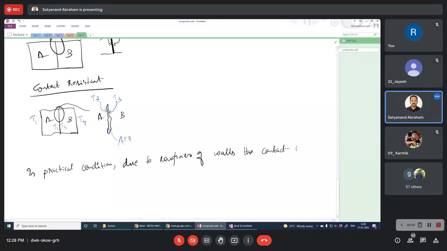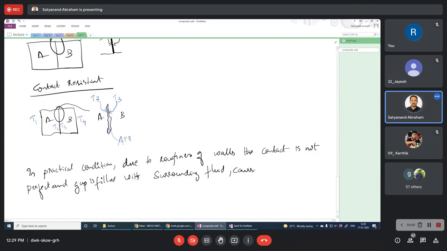There is a gap between these two, and the gap is filled with surrounding fluid. If it is dipped in water, then the gap is filled with water. The surrounding fluid, and what is the result?